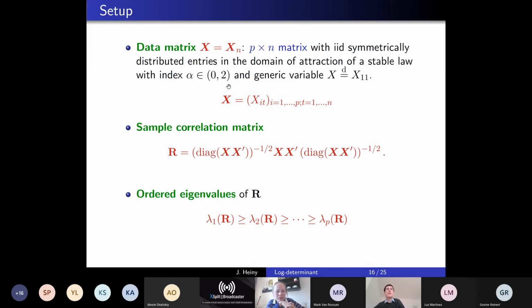So again, infinite variance. Whenever I say something about this entry distribution, I will do this in terms of this generic random variable X here. Then the sample correlation matrix is defined as before. And I will need the ordered eigenvalues of R, denoted by lambda 1 of R, the largest eigenvalue, up to lambda p, the smallest eigenvalue of the sample correlation matrix.